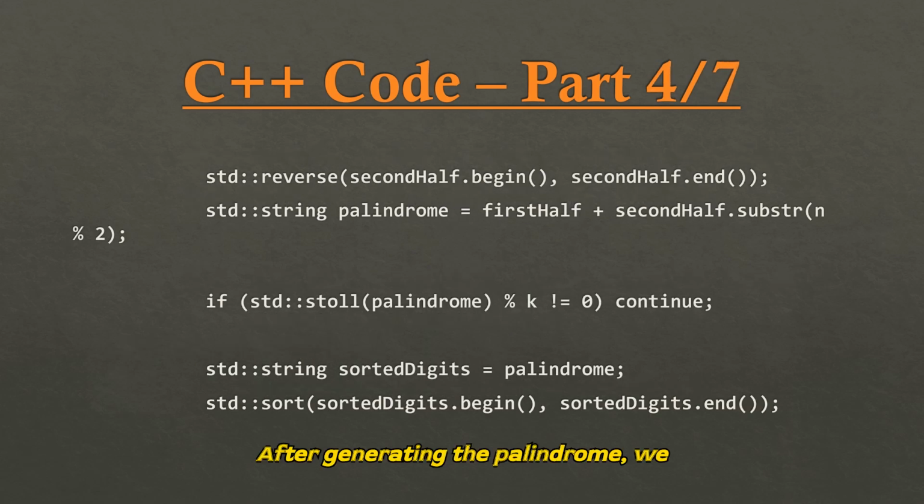After generating the palindrome, we convert it back into an integer and check whether it is divisible by k. If it fails the divisibility check, we move to the next candidate. If it passes, we sort the digits of the palindrome and check if this sorted arrangement has been processed before. If it has, we skip it. Otherwise, we proceed to compute how many n-digit numbers we can build from these digits.